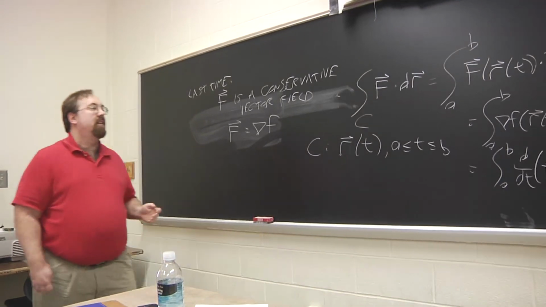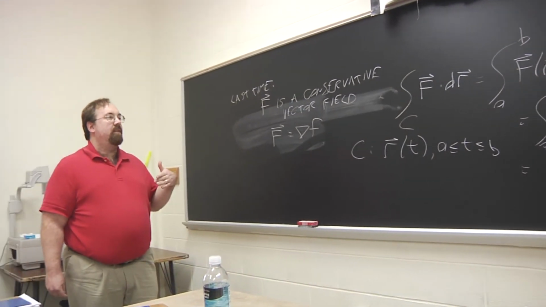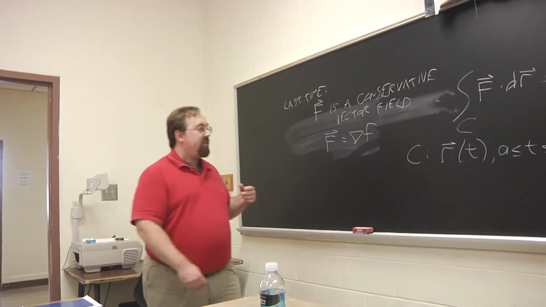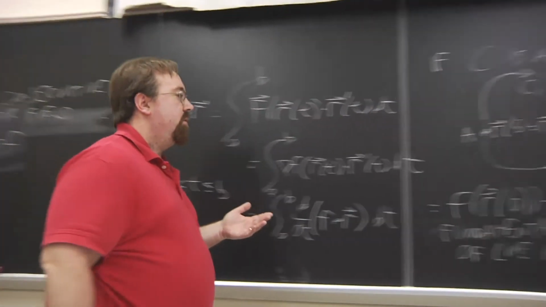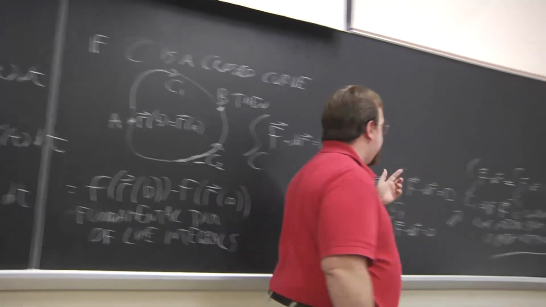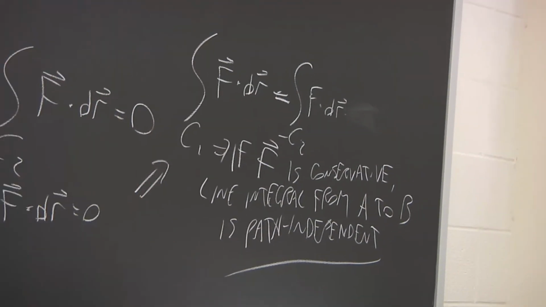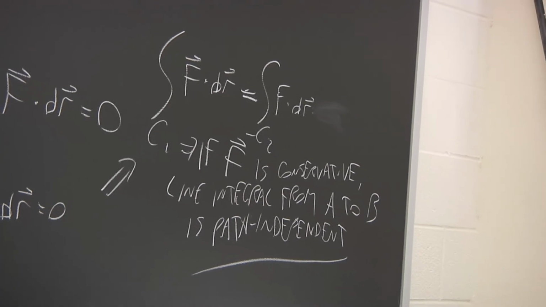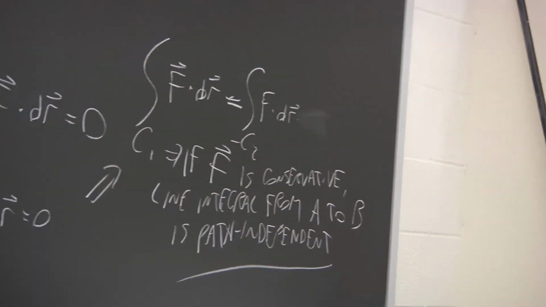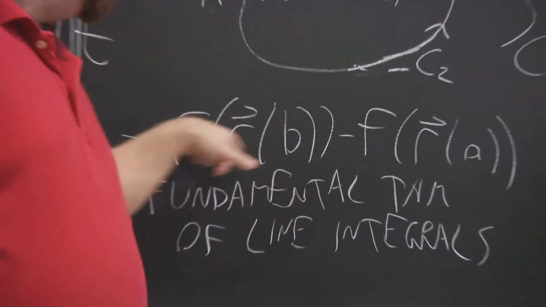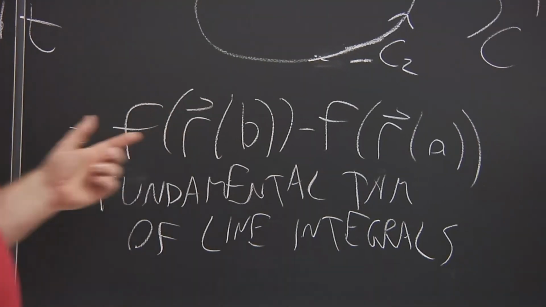Now, in fact, if we are careful about our assumptions, the converse statement is true. Here we are saying if we start with F being a conservative vector field, the line integral is independent of path, which is very nice because then all you have to do is apply the fundamental theorem of line integrals and evaluate the function little f at the endpoints.